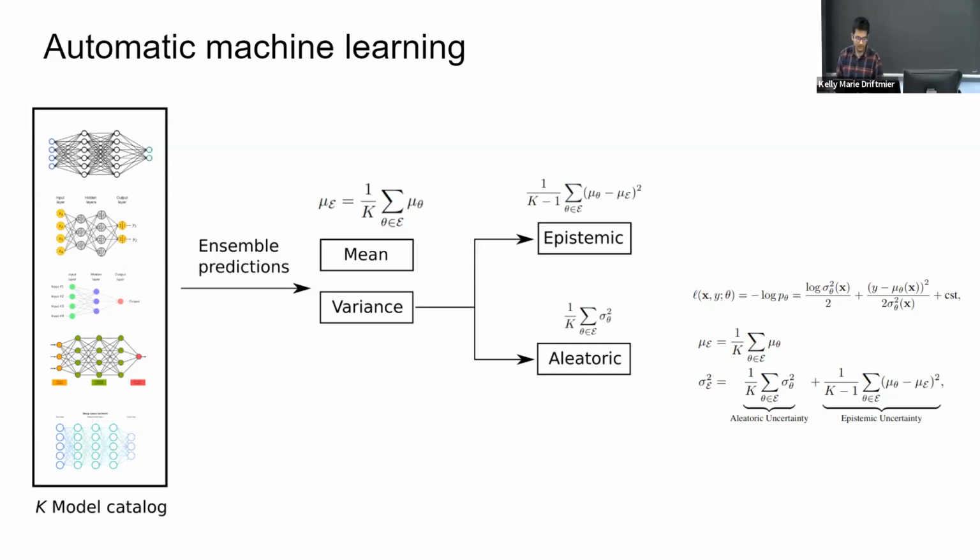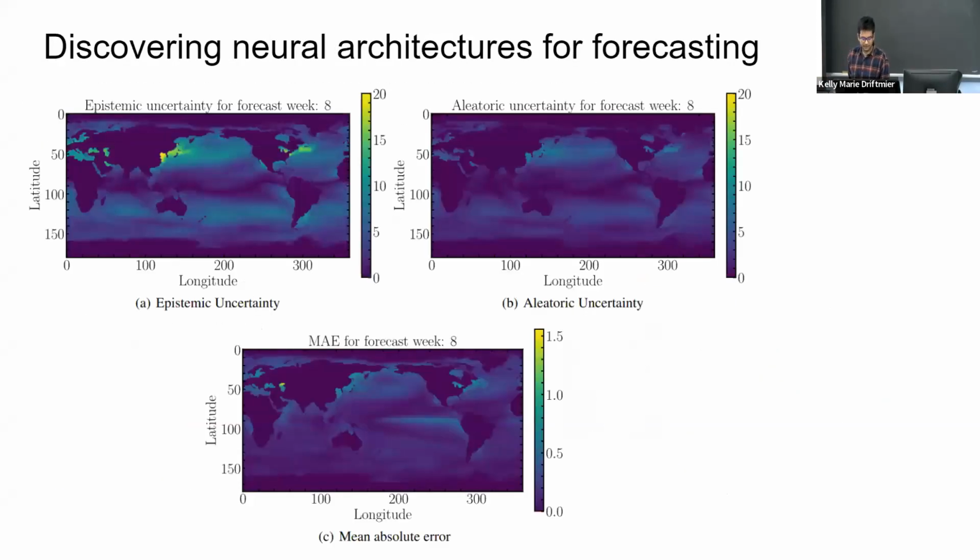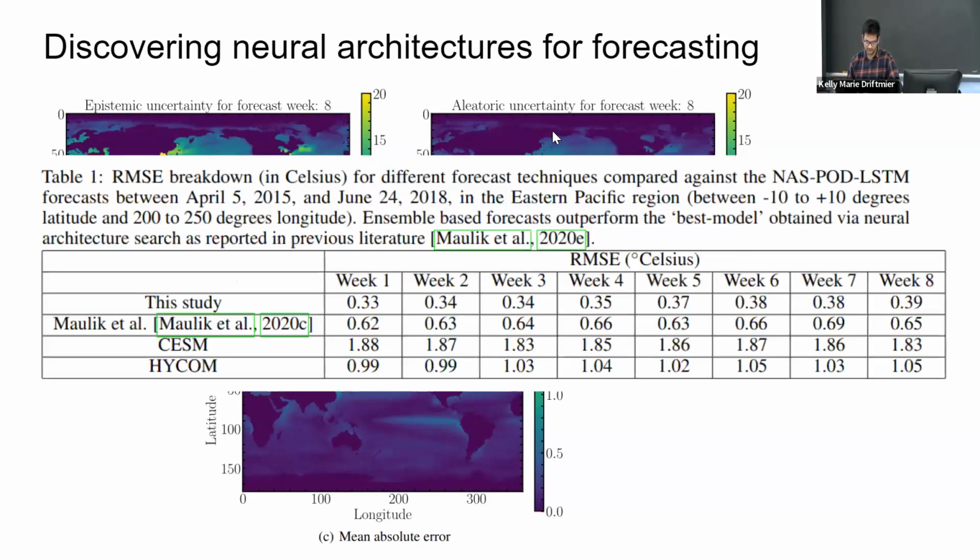Going back to this problem over here, this gives you the ability to make a forecast with a surrogate model which is not just a point prediction. It's going to give you a mean absolute error, but it's also going to give you, as you can see on the left, estimates of uncertainty, both data and model, right? So this is something that's nice.